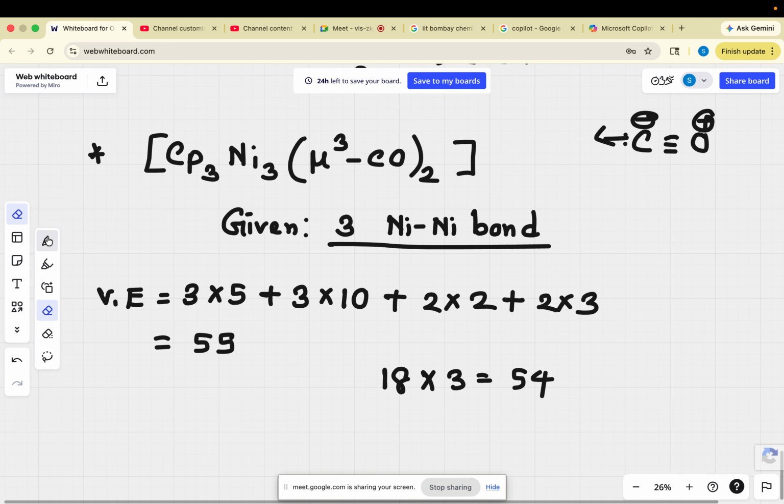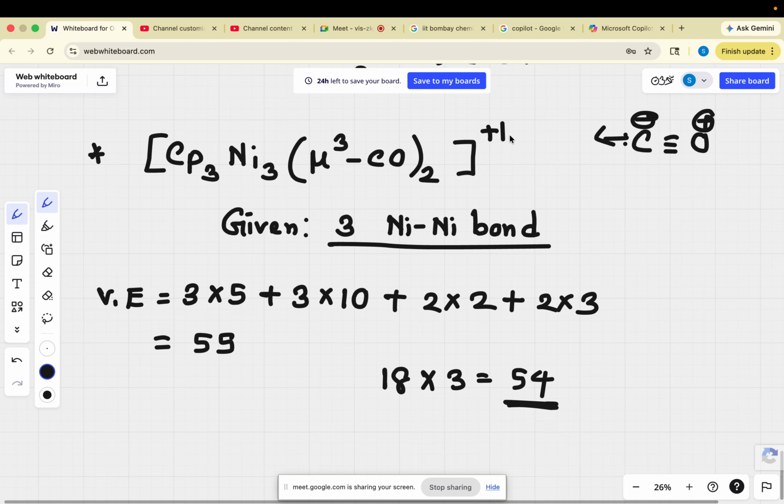Because in total you have 55 electrons, if it releases one electron, that time it will get 18 electrons and follow the 18 electron rule. So that is why here it should have plus 1 charge, not minus 1 charge.